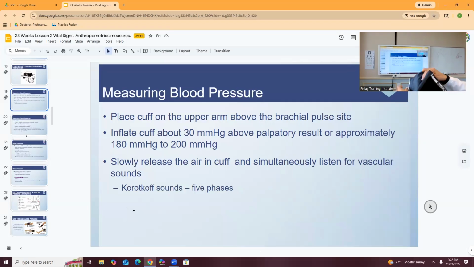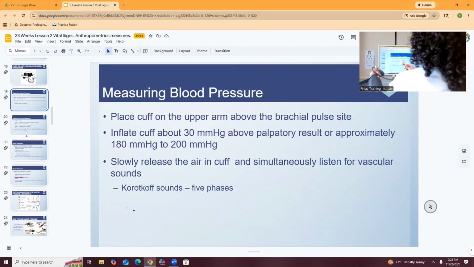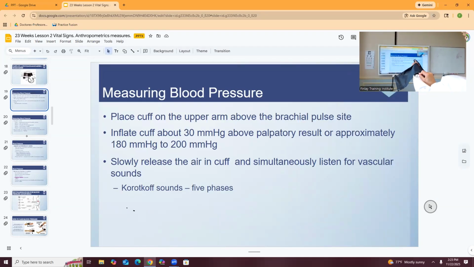So we're going to pretend that this is the patient. Okay. We're going to put the stethoscope in there. Okay. Put it like this. And then we are going to move. Okay. For that, we're going to start using the manometer.